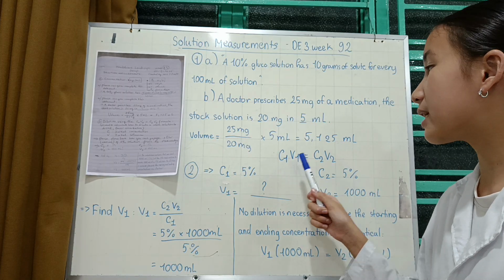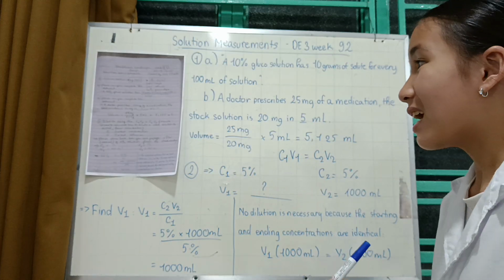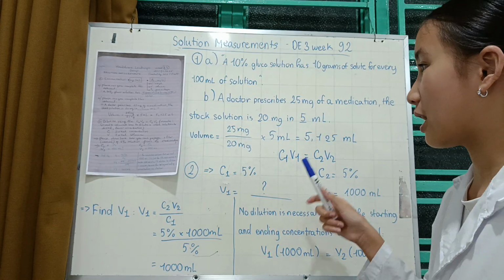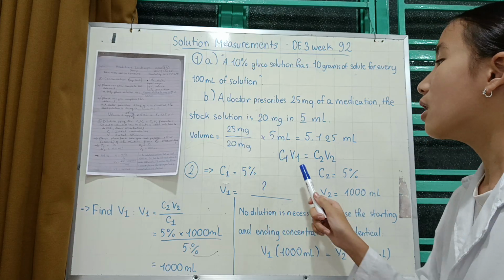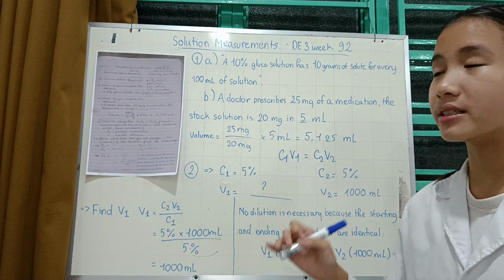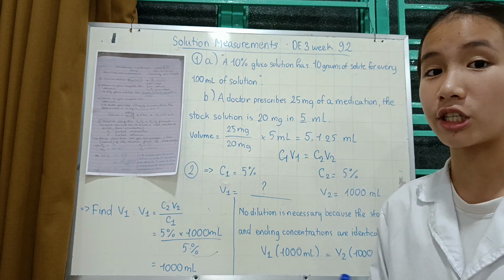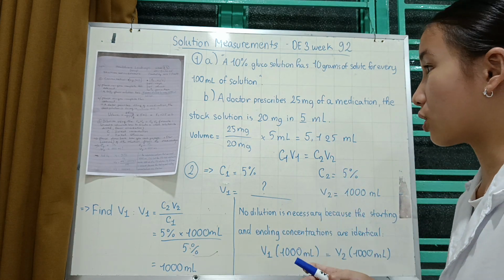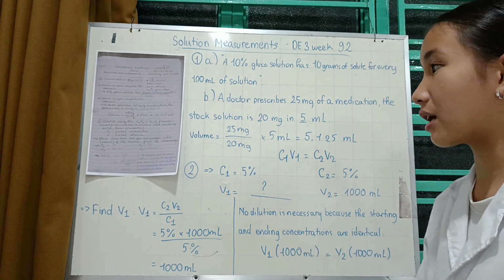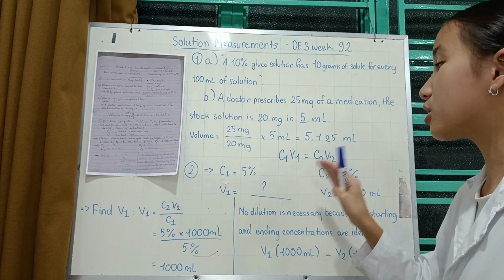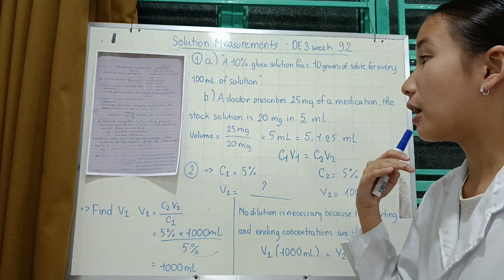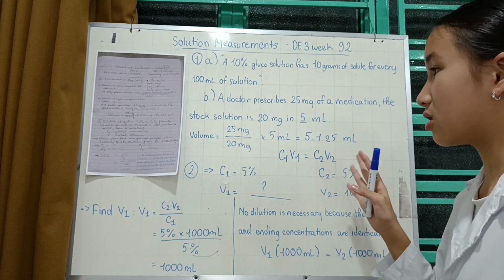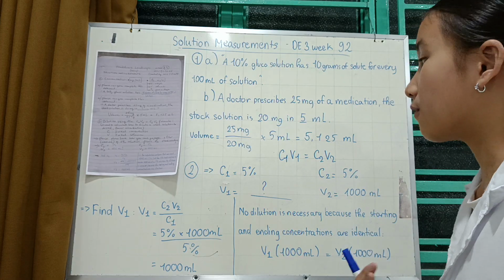So what is C and V? C is the concentration and V is the volume. C1 is the starting initial concentration, and V1 is the starting initial volume. C2 is the ending concentration, and V2 is the ending volume.